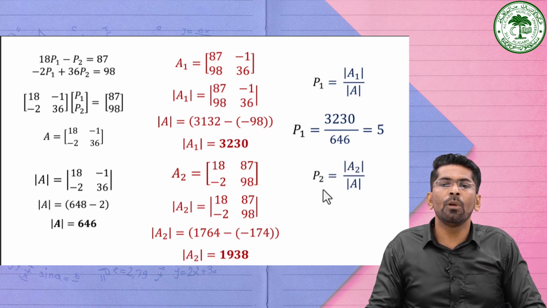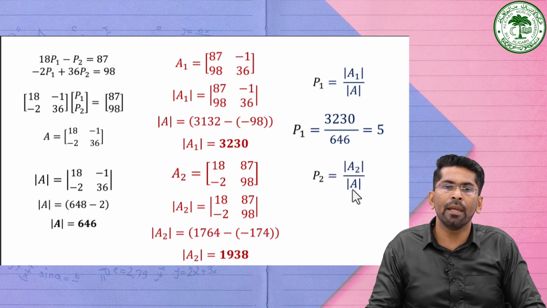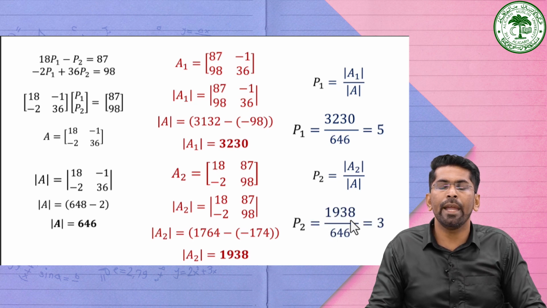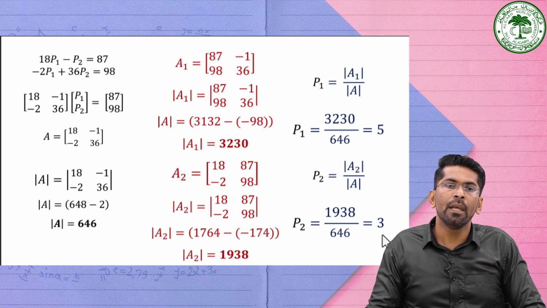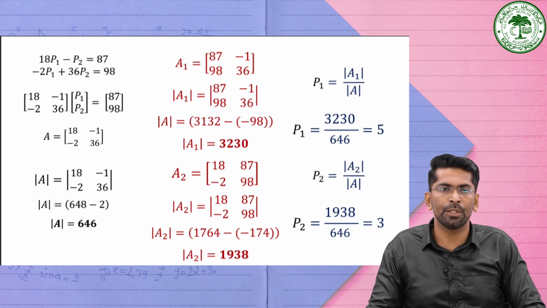Similarly, P2 is equal to the determinant of special matrix 2 divided by the original determinant of A. So here it will become 1938 divided by 646, which is equal to 3. So here P1 is equal to 5 and P2 is equal to 3. In this way, we can find the value of the unknown variables in the given system of linear equations.